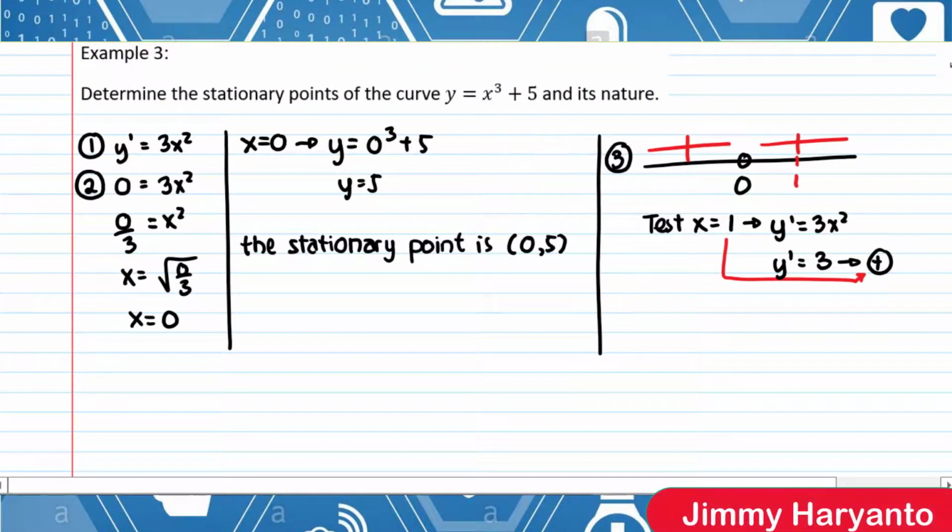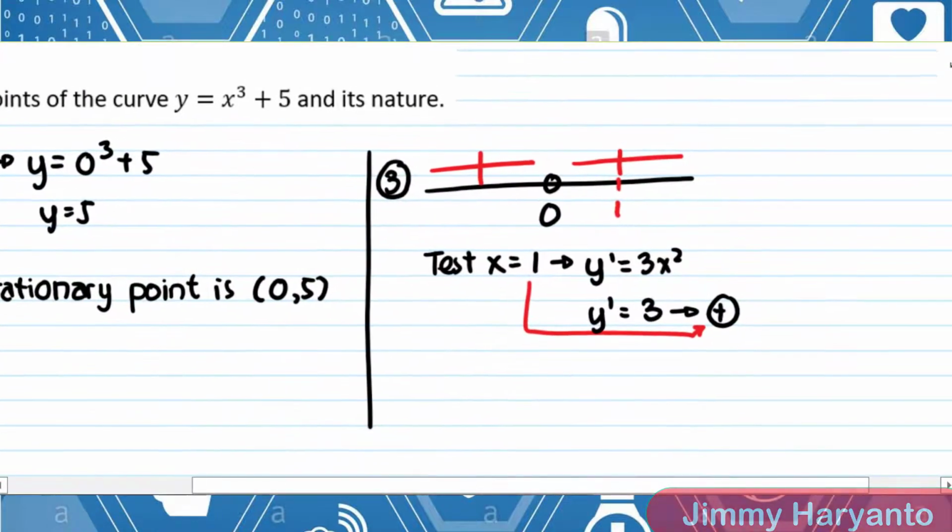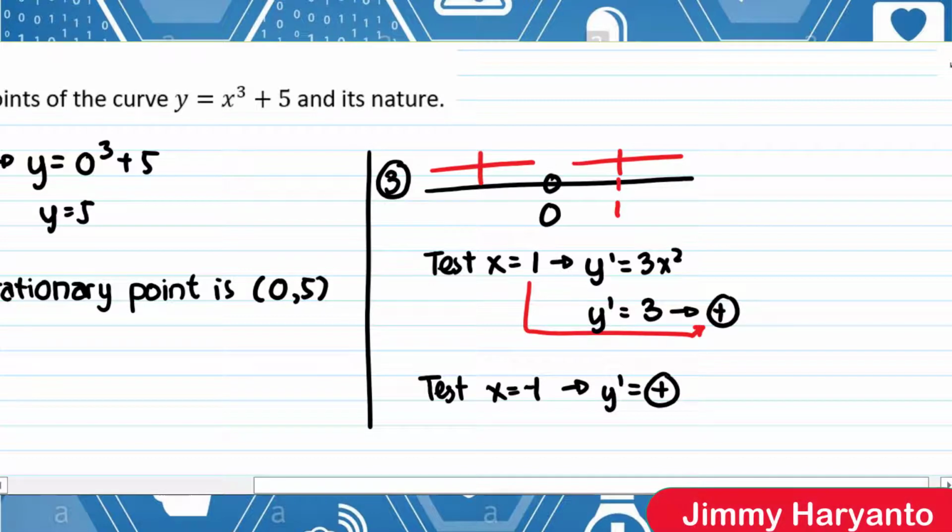Why? Because we have x equals 0 twice, 2 times. We have double x equals 0. I already said that if you have double numbers in your number line, the sign will not change. Or if you cannot understand that, you can test one more time for x equals -1, and the result will also be positive.